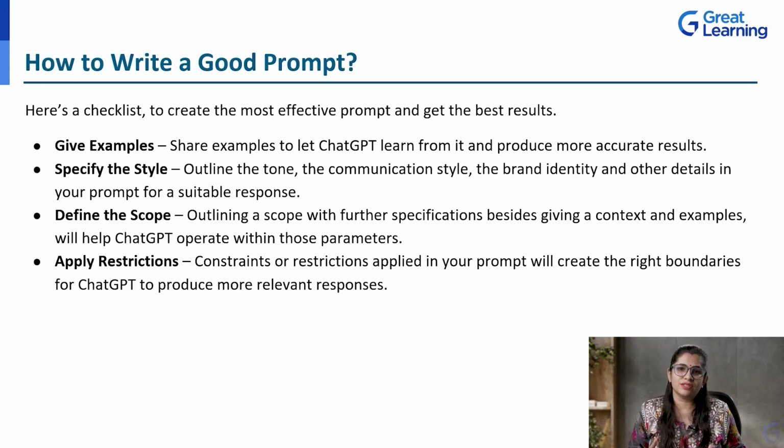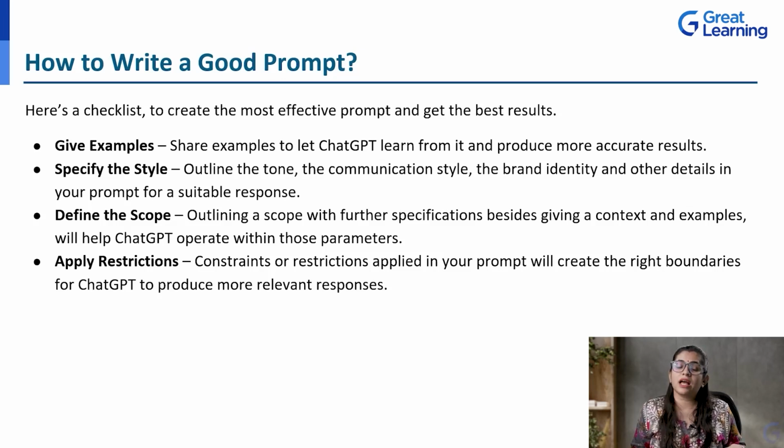Next is applying restrictions. Restrictions could be, supposing, the length that you want, the output length, the token length. There is a restriction, but what is it that you want? When you apply those restrictions, those constraints will create the right boundaries for ChatGPT to produce relevant responses.